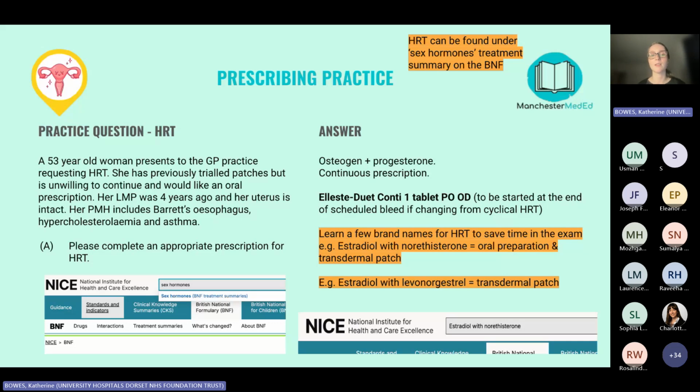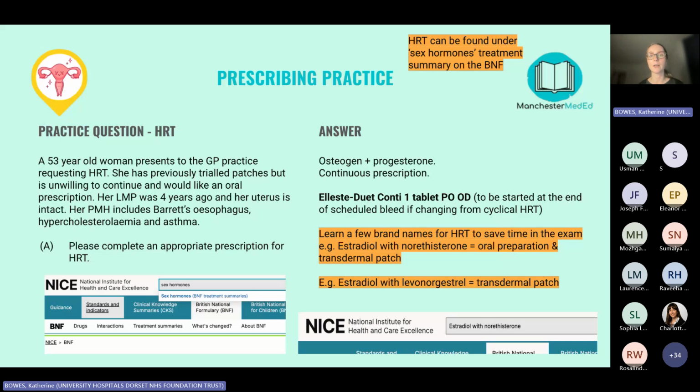So we already know that this lady still has her uterus, so she needs the progesterone as well as the estrogen. And we know that her last menstrual period was over a year ago, because she's 53 years old. So over a year ago is ample time to give the continuous prescription rather than the cyclical one.